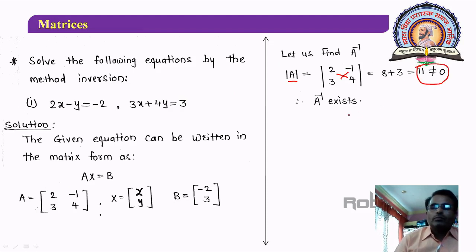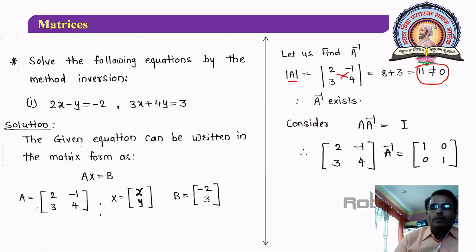Therefore the inverse exists. And therefore to find A inverse, here suppose we want to use elementary row transformations. We know that for elementary row transformations, we use the equation A into A inverse is equal to I. For column transformation, we consider A inverse into A is equal to I. So here we definitely are going to use row transformations.